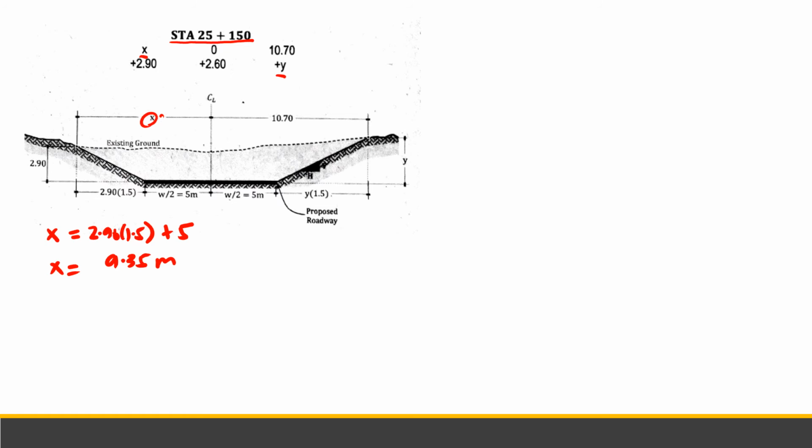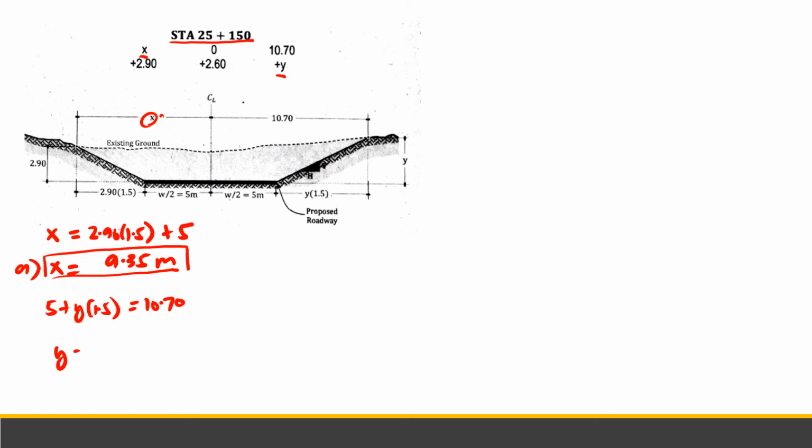So at station 25 plus 150, the width here is a little bit wider. For Y, solve for Y. So 5 plus Y times 1.5 would be equal to 10.70.